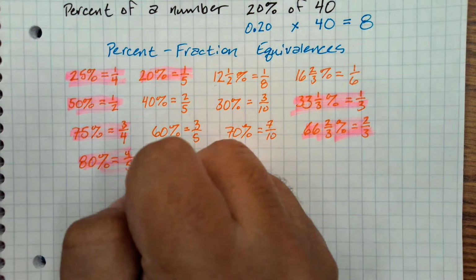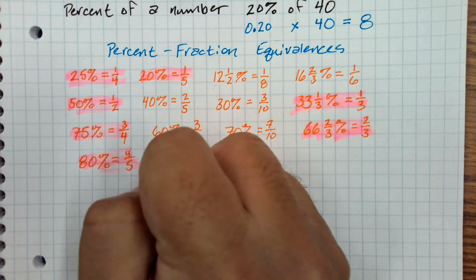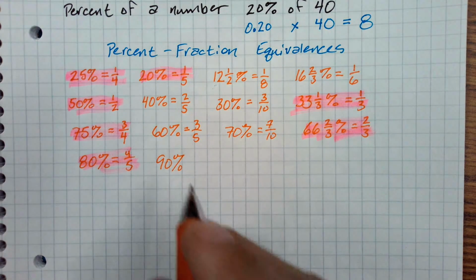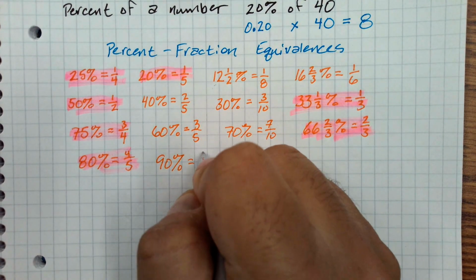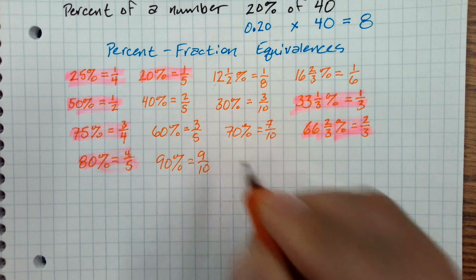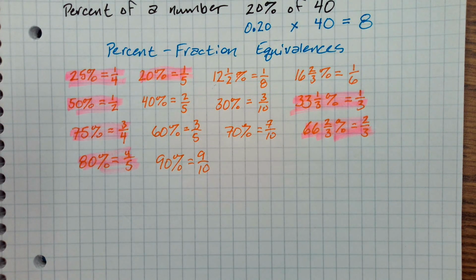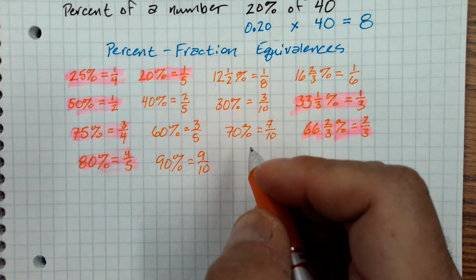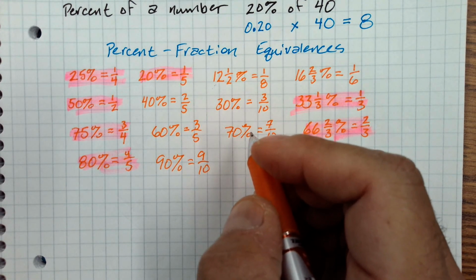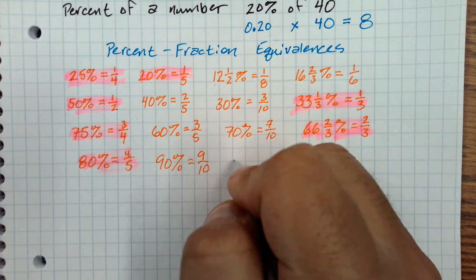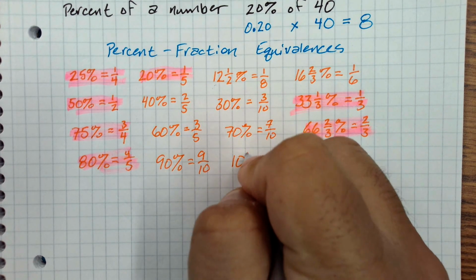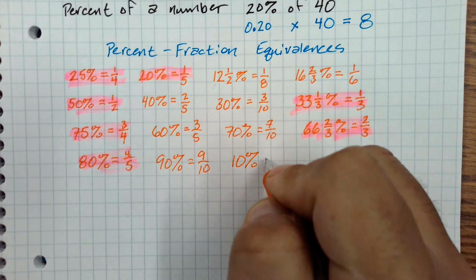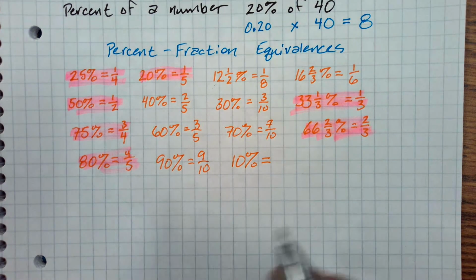Let's do 90%, 9/10. What else could we have? 10%.